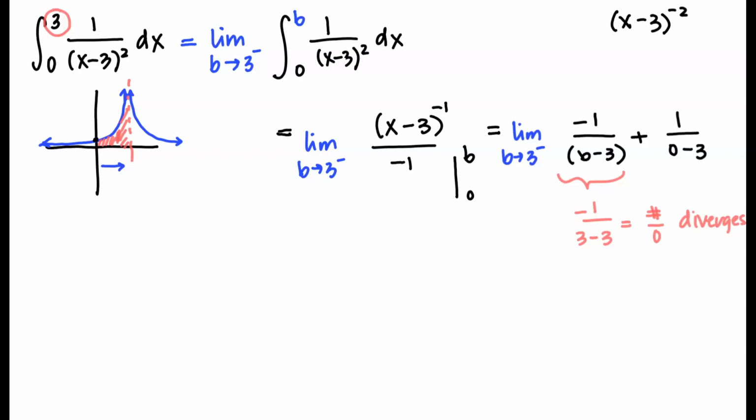So it doesn't matter that I have a cute value for that second term, that first term diverges. So we could say our original integral, as improper as it was, diverges.